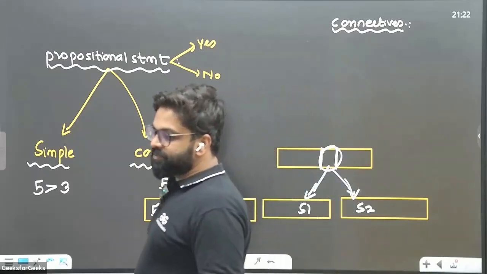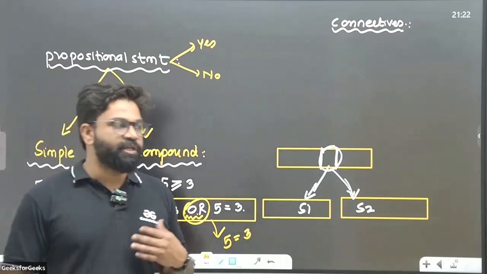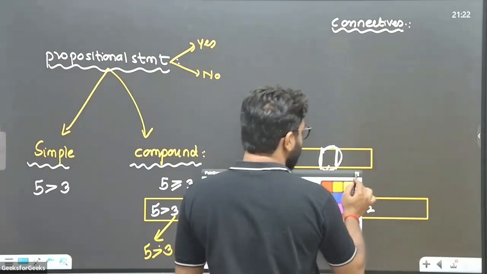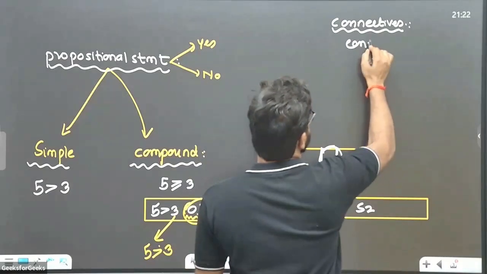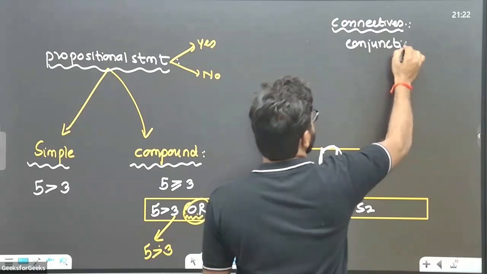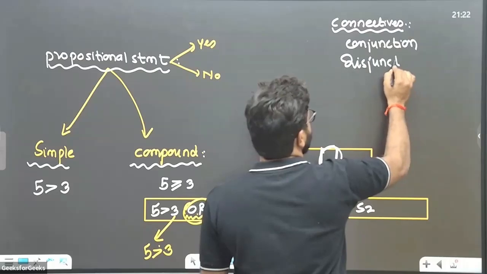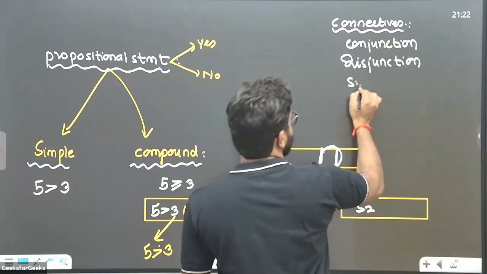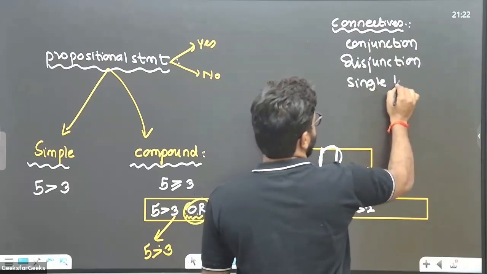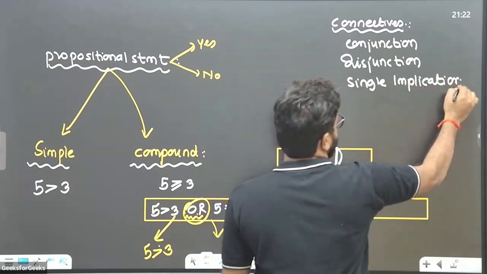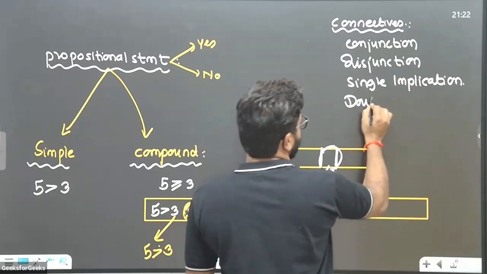We have different types of connectives, but majorly we are talking about 4 major connectives here. The first one is conjunction, the second is disjunction, the third is single implication, and the fourth is double implication.